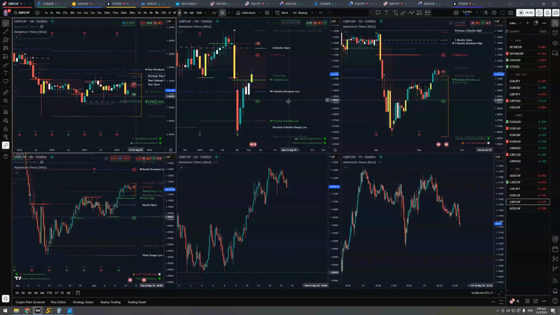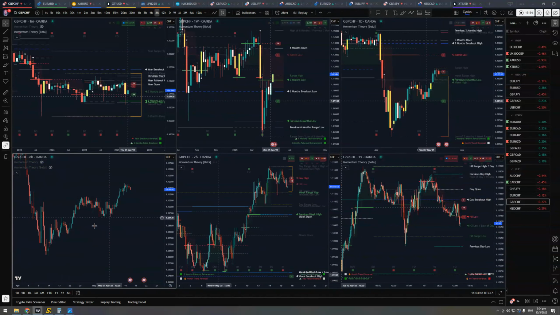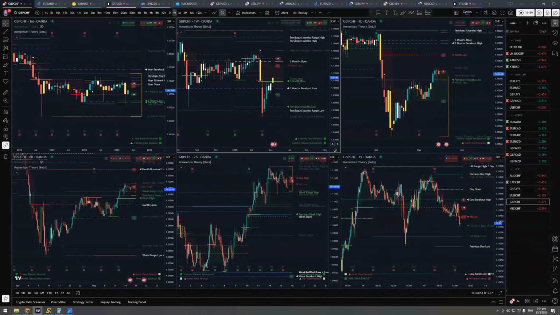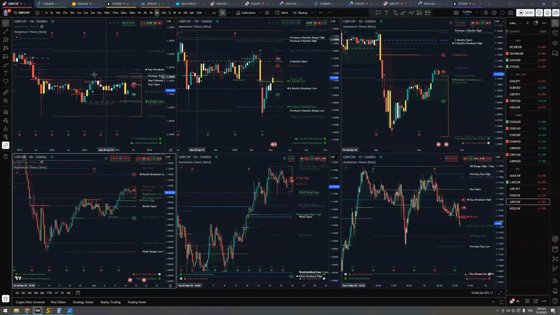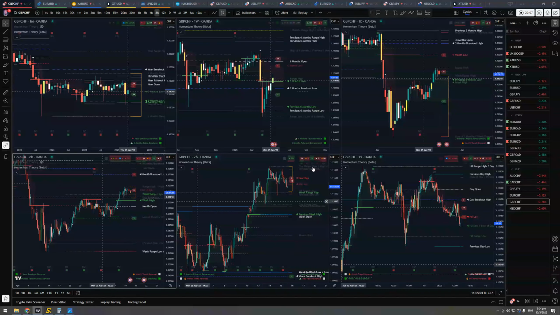Just really ugly in the range. Immediately I like this structure, but in terms of cycles, it's all over the place here. These are all bullish, but we're in ranges. This one's mixed. Yep, so nothing I can do with this one yet.